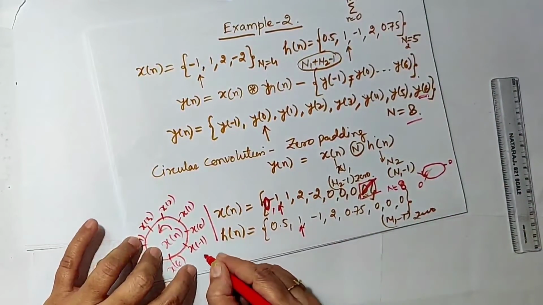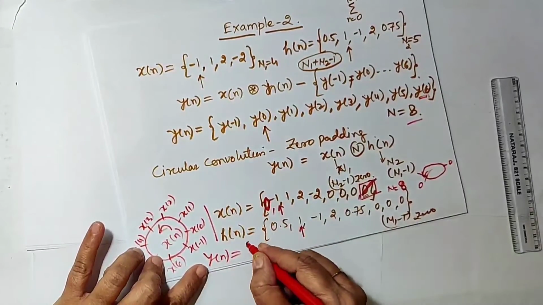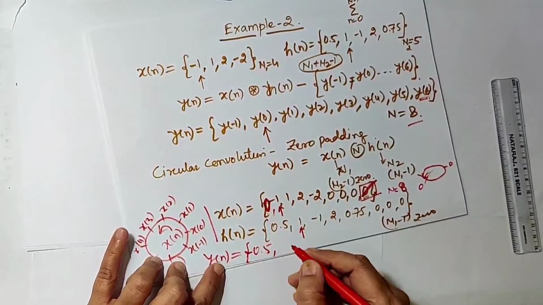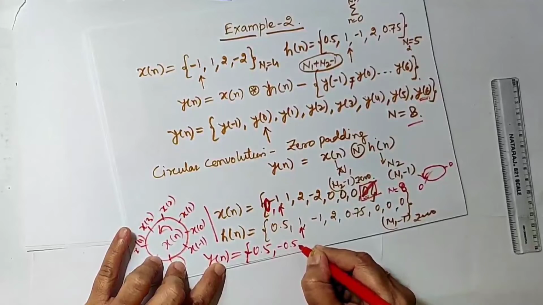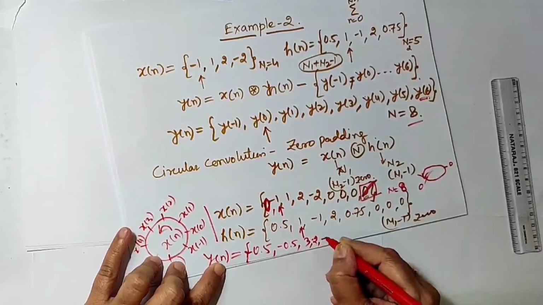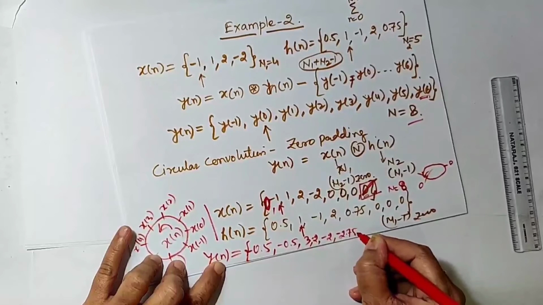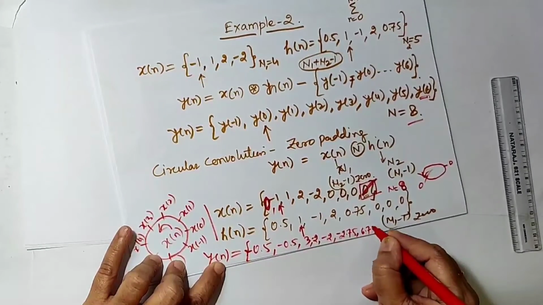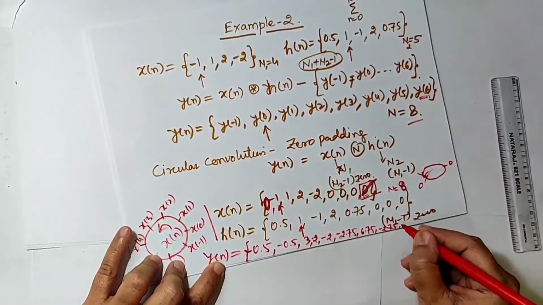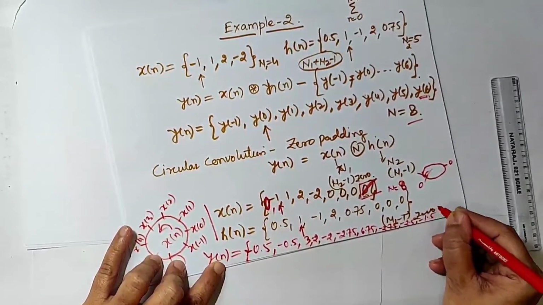I just write here yn. Yn will not start with y0. So that answer will be minus 0.5 again, then 3, then 2, minus 2, then minus 2, then minus 2.75, then 6.75, then minus 2.75, then minus 2.5, and the eighth, minus 1.5.